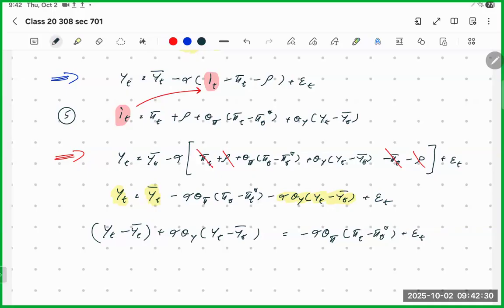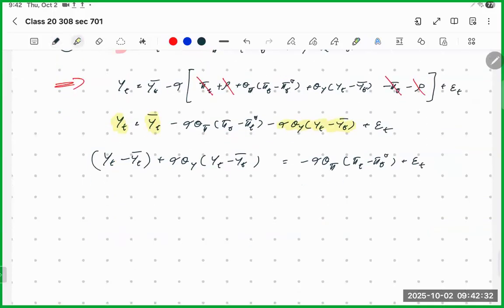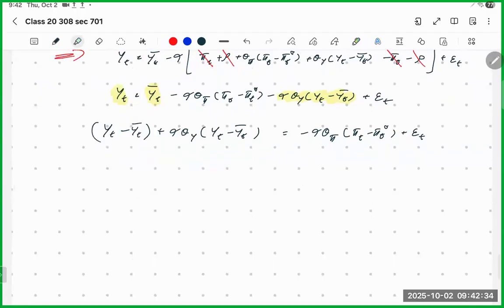Then you will see that on the left you have the same bracket, a common term. You can take it out. Then you get 1 plus alpha theta Y, times YT minus YT bar. The right-hand side is the same: minus alpha theta pi, pi T minus pi T star, plus epsilon T.